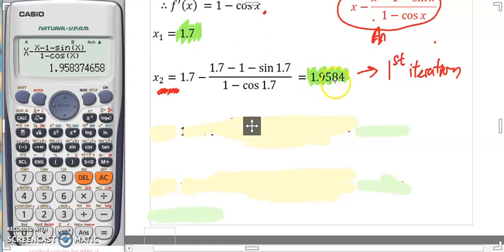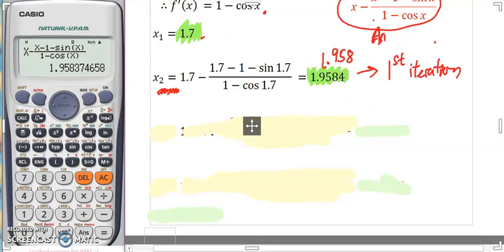You have 1.9584. We compare these 2 results when rounded to 3 decimal places according to the requirement. Do they have the same answer? Very obviously, it's not the same: this one is just 1.7, while this one rounded to 3 decimal places is 1.958. It's totally different.